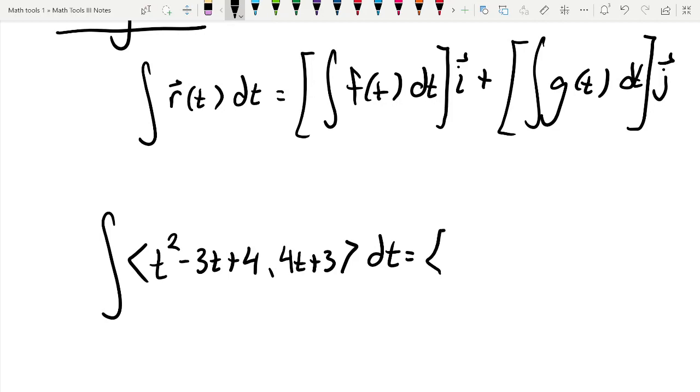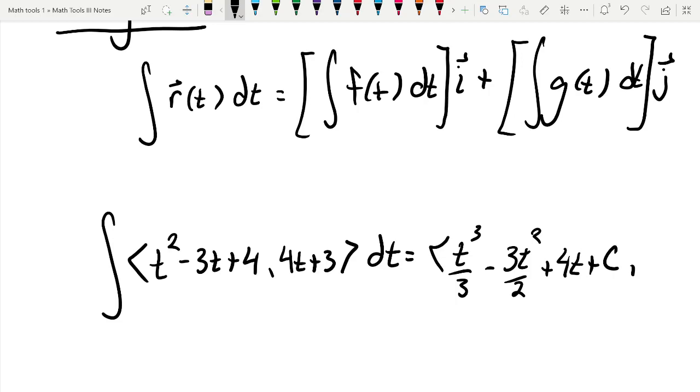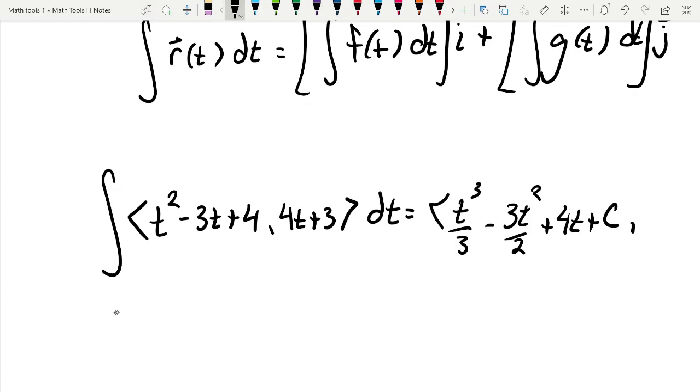So we're going to get, this one will get t cubed over 3 minus 3t squared over 2 plus 4t plus a constant. And then we'll have 2t squared, right? Yeah, plus 3t plus another constant.